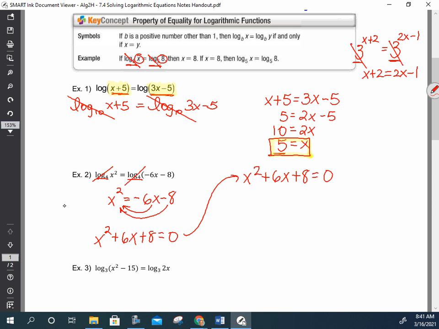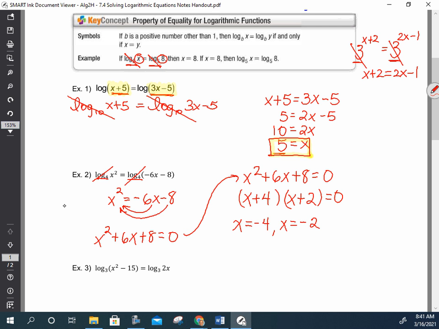This is factorable, right? It's 4 and 2. x plus 4, x plus 2. So x equals -4, x equals -2.